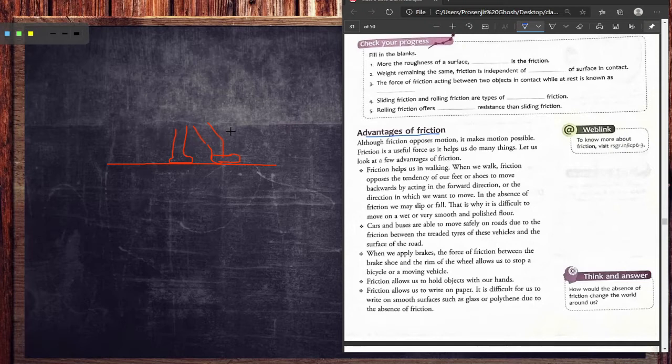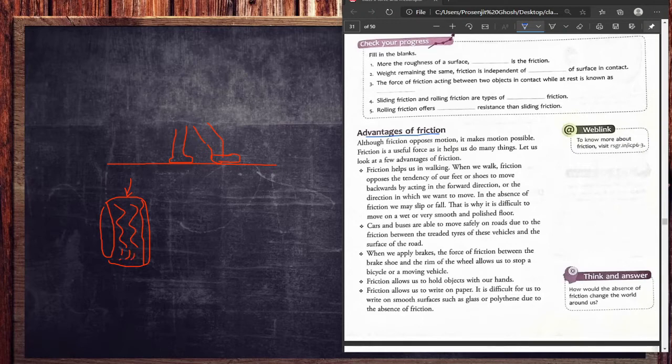Coming to cars and buses, how they work. If you notice the tire, there is so much pattern in the tire. Due to this kind of pattern, the friction with the road will be more. The more rough pattern is provided, the more friction will come.